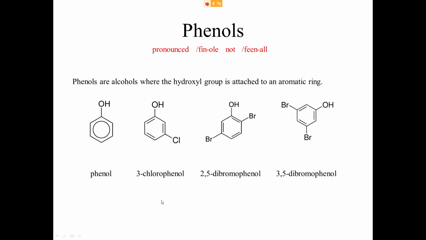Go ahead. Sorry, what are the lines inside the pentagon, I think it is, or hexagon? The lines in the hexagon here? 3 lines? Okay, yes, sir. These are 2 ways to represent the same thing, and that's why I put both of them on here. You normally can represent it like this, which is kind of a teaching way of doing it, because it tells you there's 6 carbons in a hexagon, and every other one is double bonded to the next one.